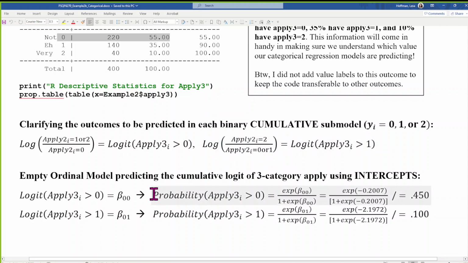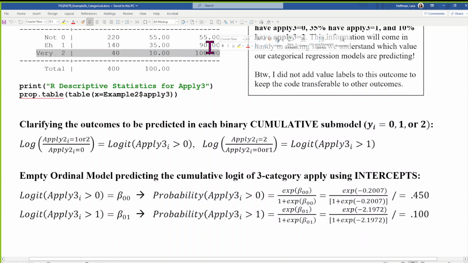Okay, so putting it together. The first submodel is going to give us the logit of the probability of the upper choice, which is 1 and 2 put together. 35% plus 10% gives me the 45%. The second submodel is going to give me the logit of the upper choice, which in that case is answering 2 directly instead of 0 or 1.